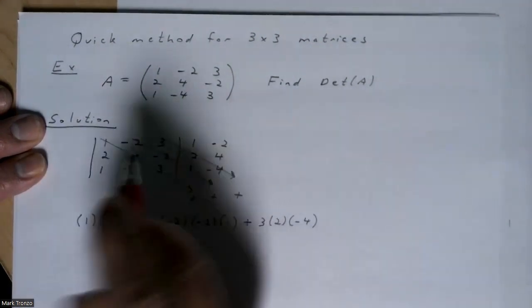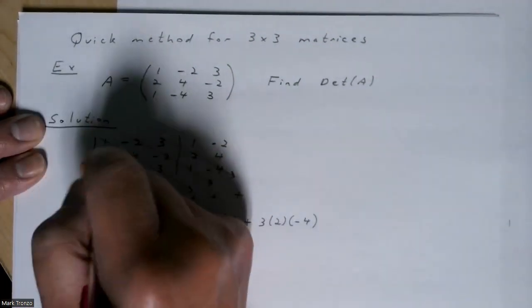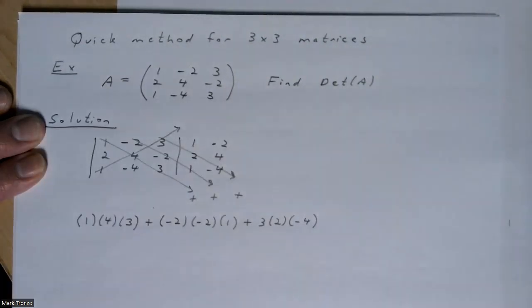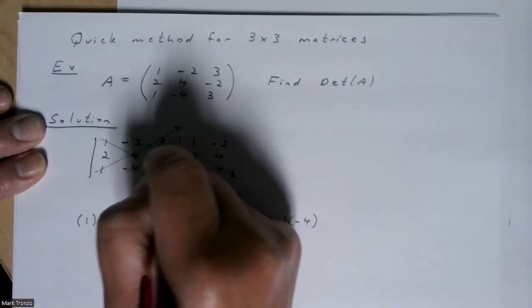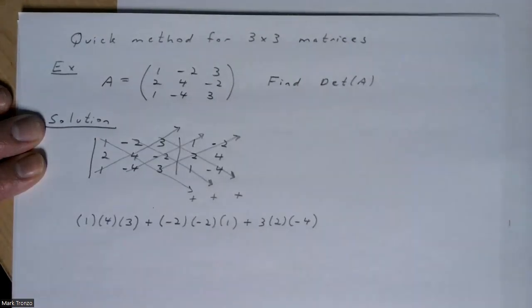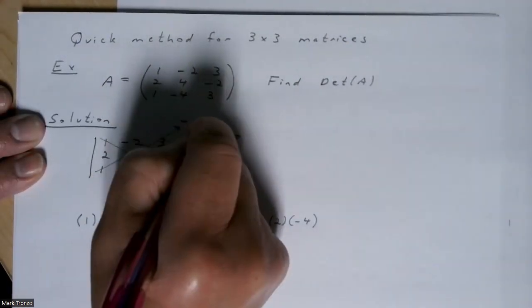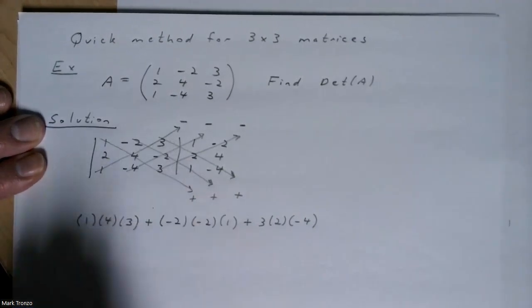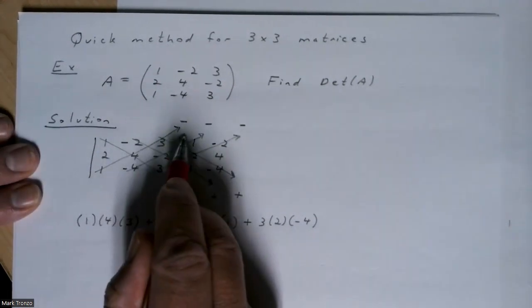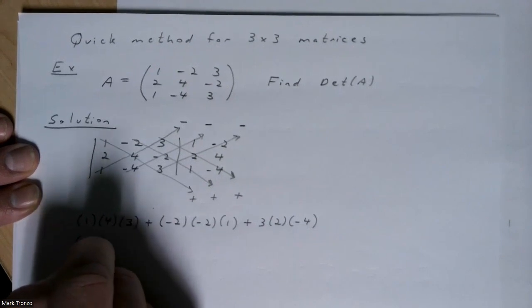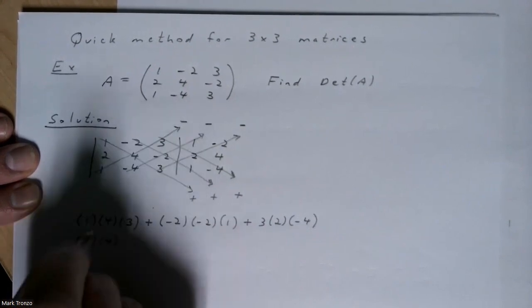Then start with the last row and make arrows up in this direction. And now those are going to be negative, like this. So again, multiply these numbers. So again, in this diagonal here, we're going to have 1, 4 times 3.